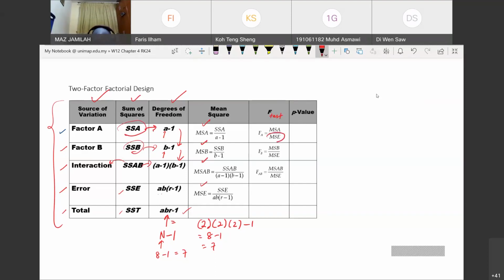So all the denominators will refer to MSE. So please make sure you remember how to calculate it manually in case you are asked about the concept. And of course, the p-value you can find from your F table, but since you are using Excel, this will be given automatically by Excel.